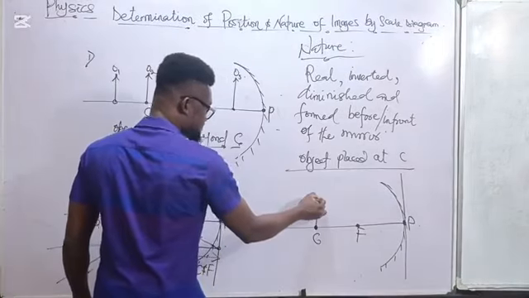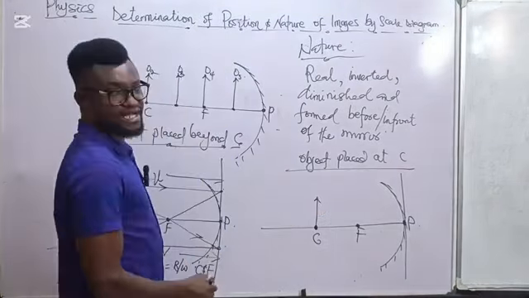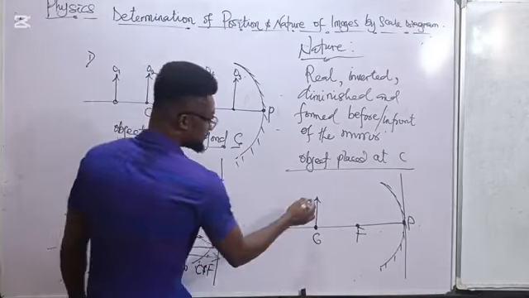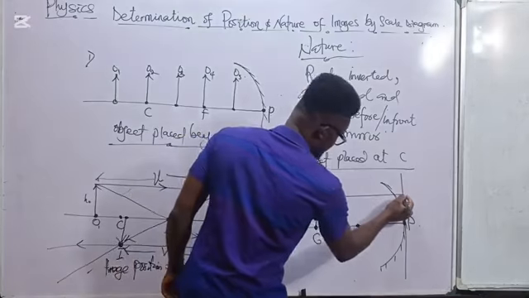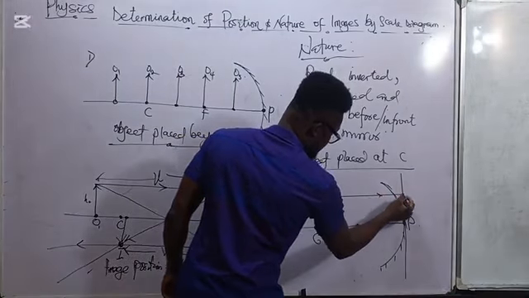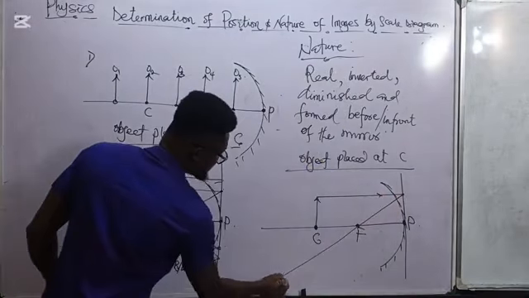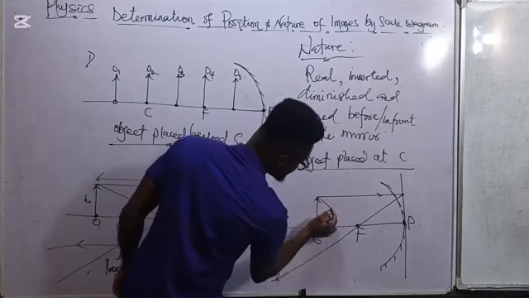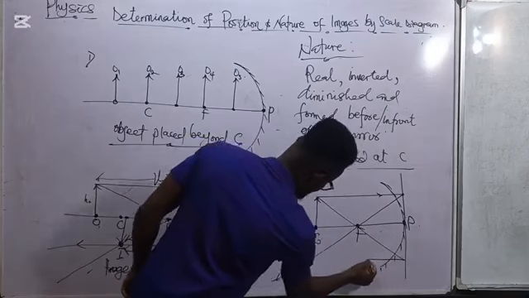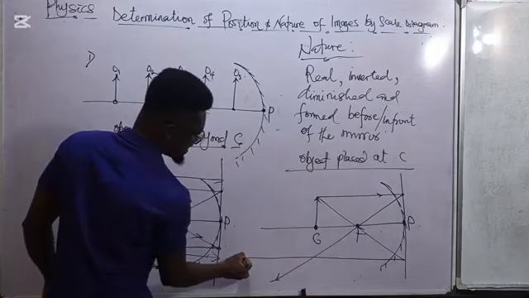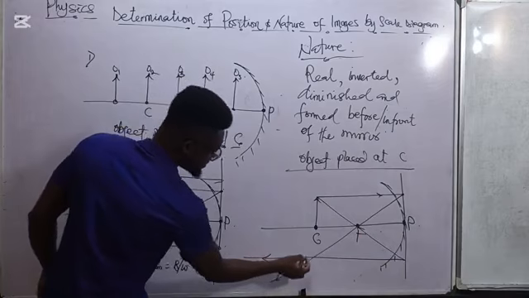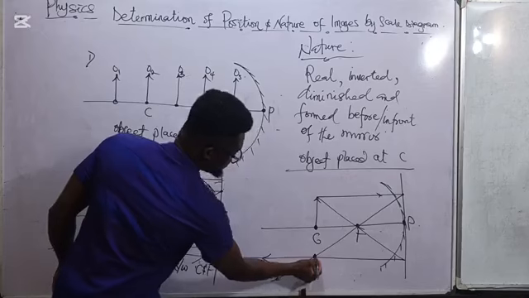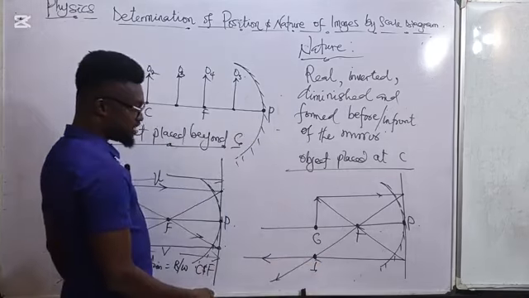Now when the object is placed at the center of curvature, first the object hits the mirror, then reflects back through the principal focus. Okay? Then the one that passes through the principal focus will reflect back parallel to the principal axis. Okay? Now their point of intersection becomes the position of the image.